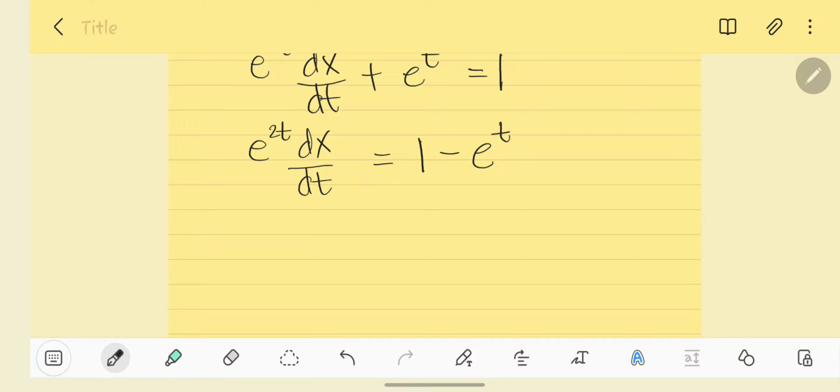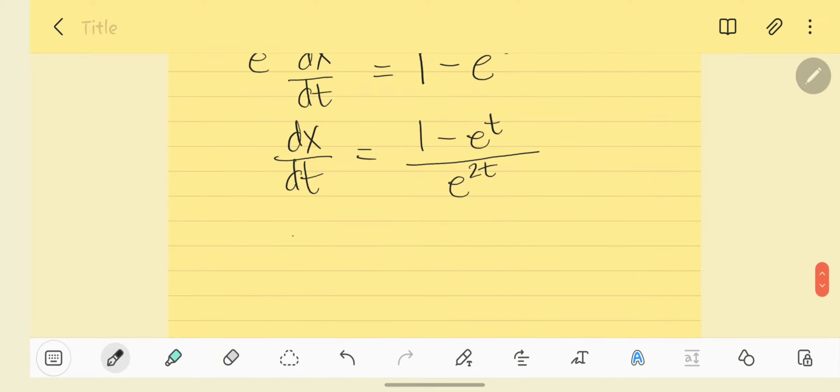So in step 2, dx over dt is equal to 1 minus e to the t over e to the 2t, so dx is equal to 1 minus e to the t over e to the 2t times dt.